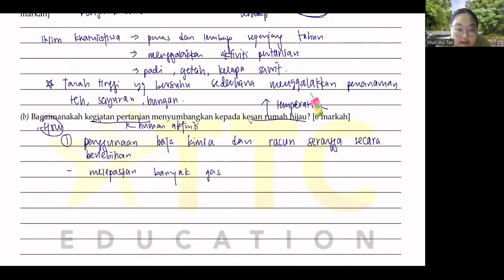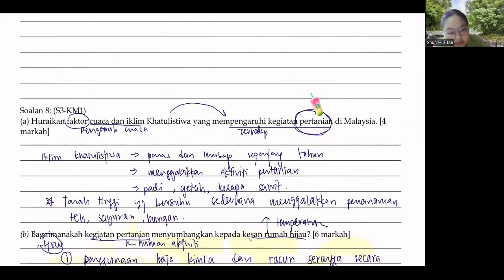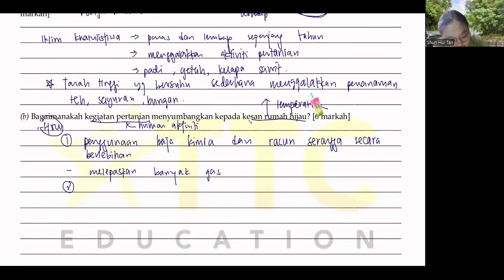Now, other than that, plantation. Normally, plantation they will use what? They will clean up the land, right? So you can say lah, biasanya, okay, what they do? Menggantikan hutan kepada kawasan pertanian.